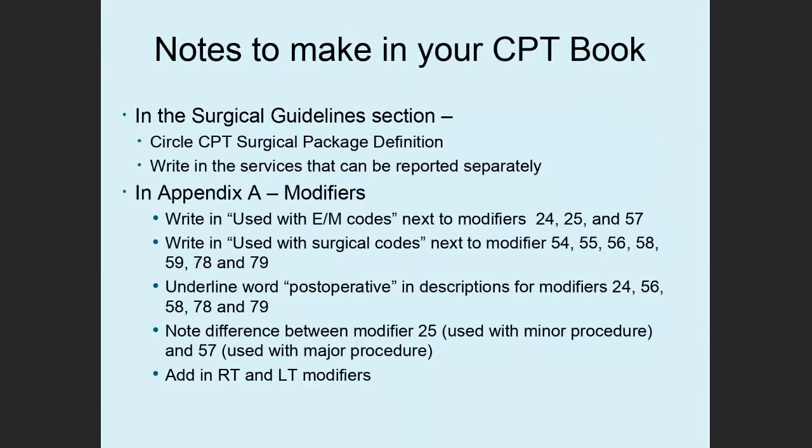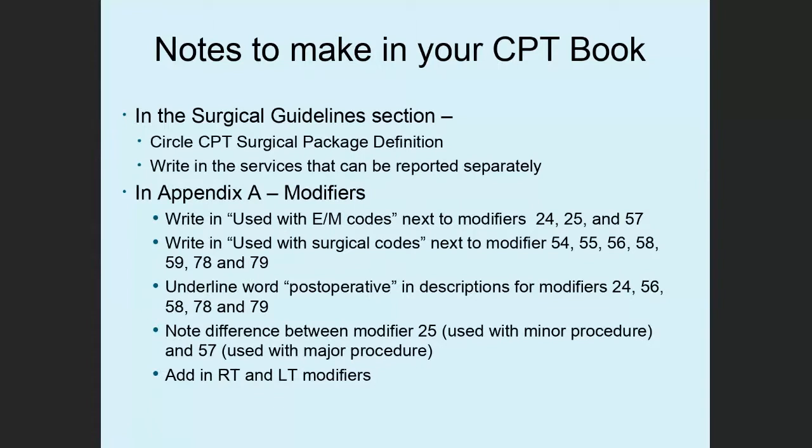It is impossible to remember all the guidelines for coding. This is why it's so important to make notes in your book. First, look at the guidelines for surgery in your CPT book and circle the surgical package definition. These are the services that are included, but you might want to write in the services that are not reported separately, the things that can be coded and paid for separately.